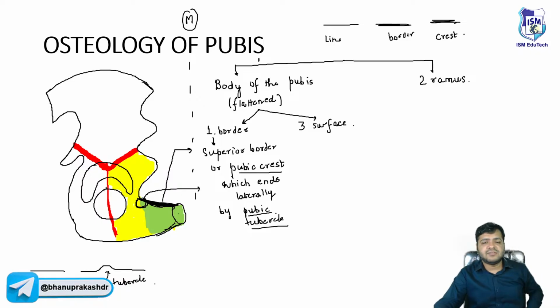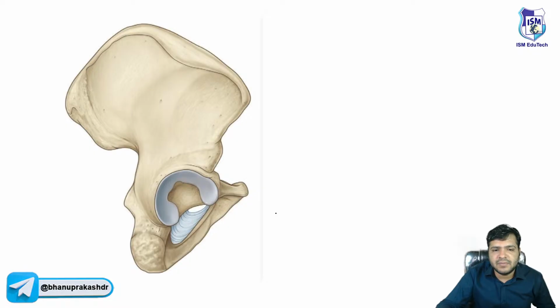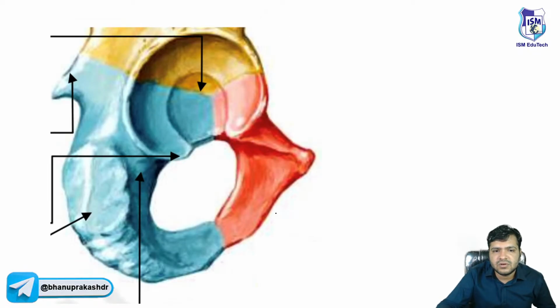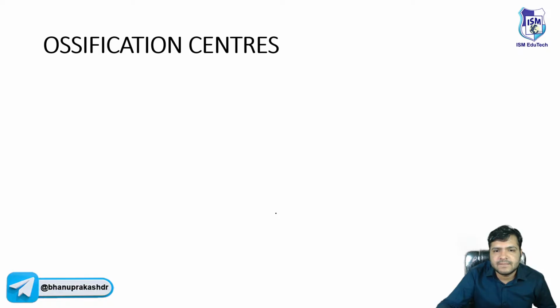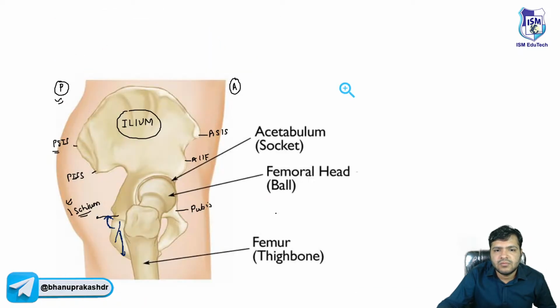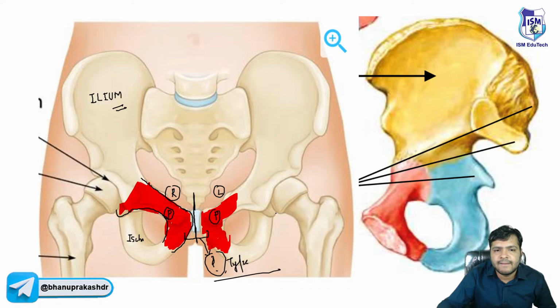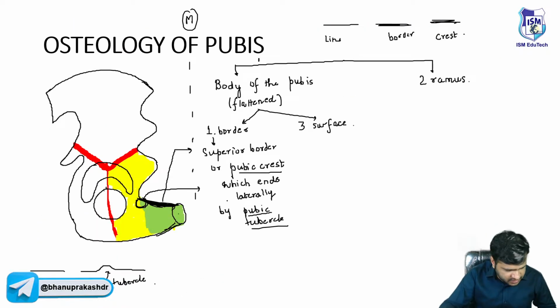Yes, Jainam, very good beta. So you can very well see over here, this is the body part, and we have the superior part which is forming a tubercle.